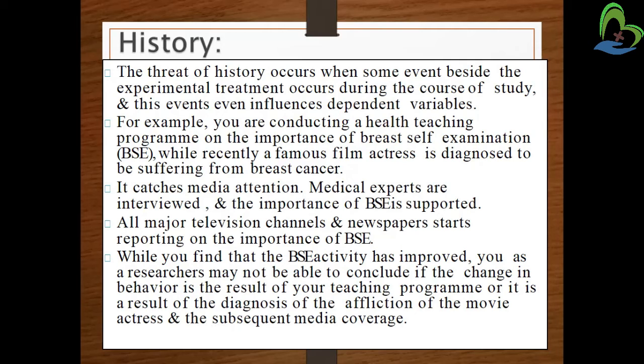All major television channels and newspapers start reporting on the importance of breast self-examination. When we find the breast self-examination activities have improved, you as a researcher may not be able to conclude if the change in behavior is a result of the teaching program or the result of the actress's diagnosis and the subsequent media coverage.